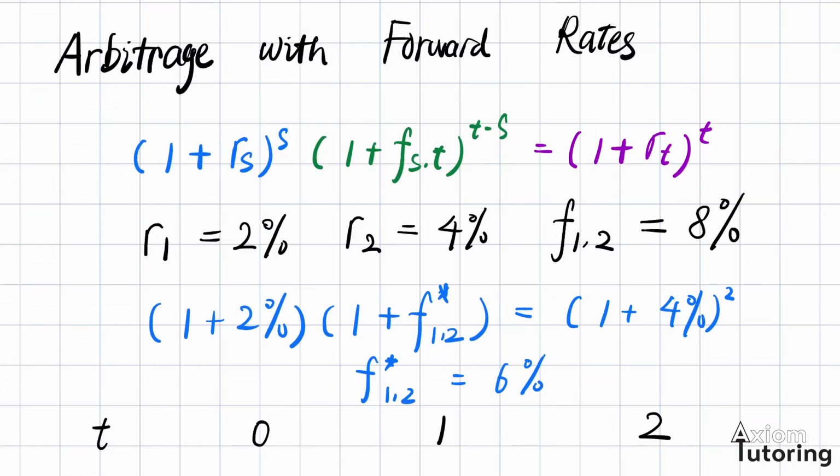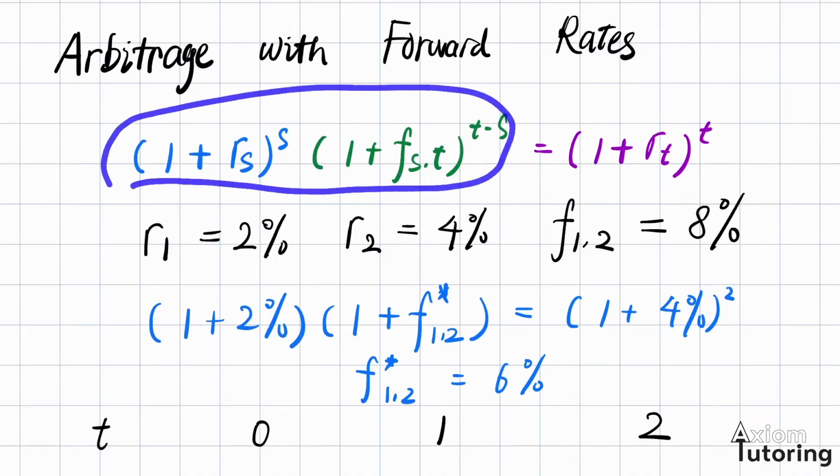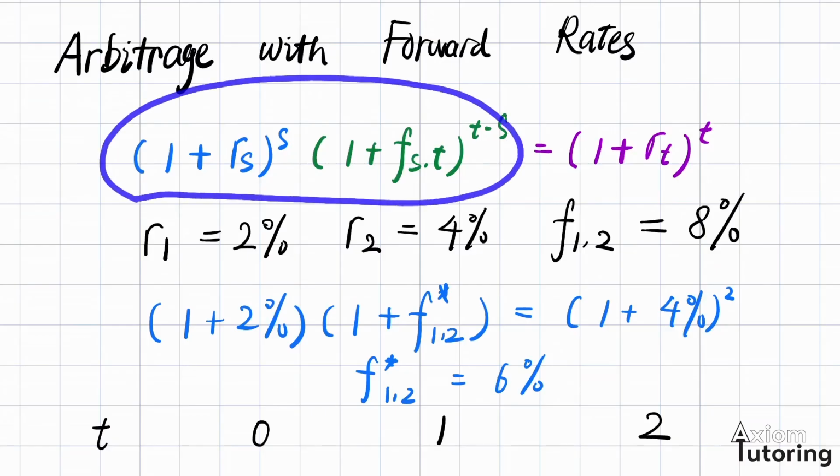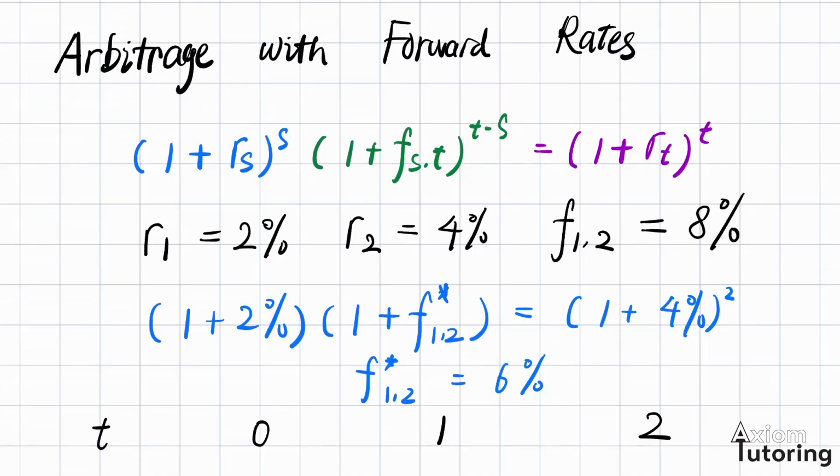That's called arbitrage, just a reminder. Since the left-hand side provides us with higher return, let's do what this side tells us to do, and do the opposite of the right-hand side. These will offset, but because the left-hand side gives the higher return, I get a positive return in the future.